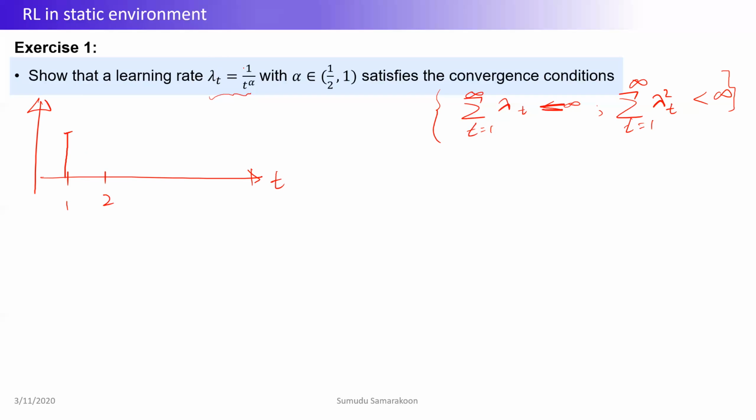At 2, we have 1 over 2 to the power alpha. So we can say this is 1, this is 2 to the power minus alpha. At 3, we have 3 to the power minus alpha. So you can notice simply this is the 1 over t to the power alpha expression.